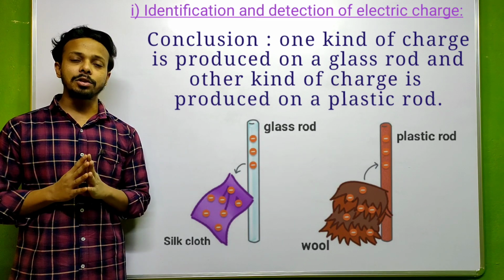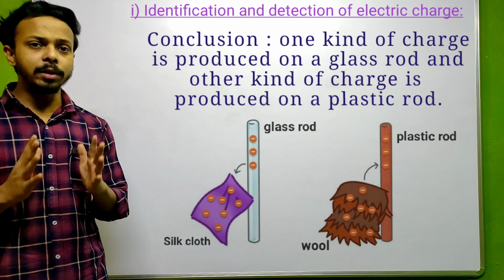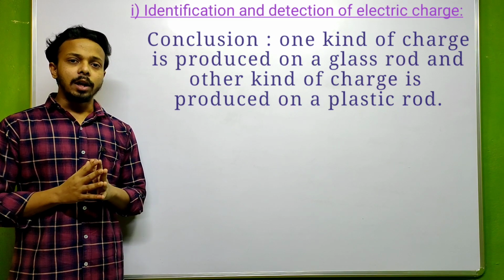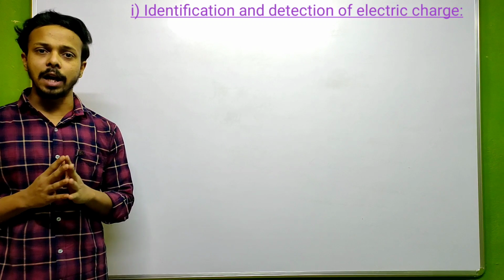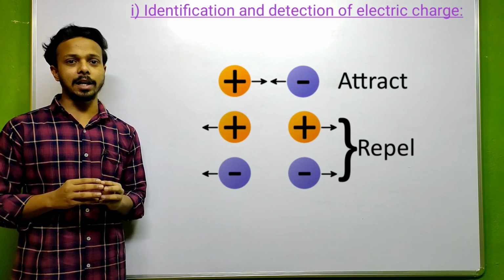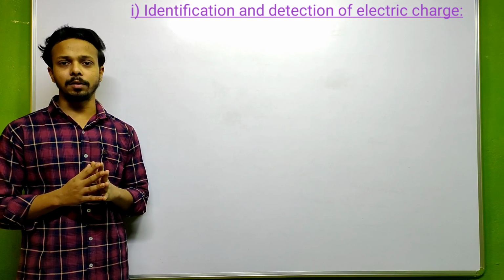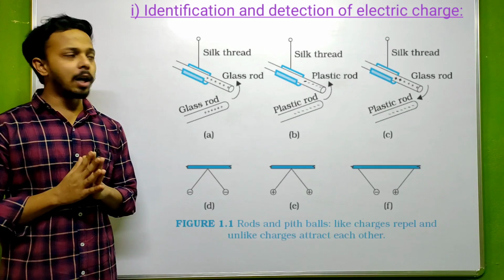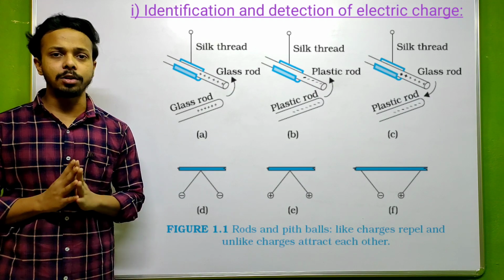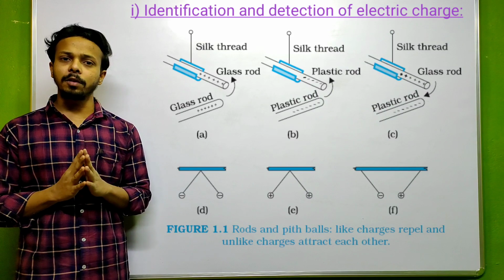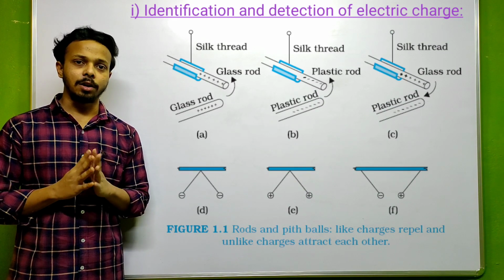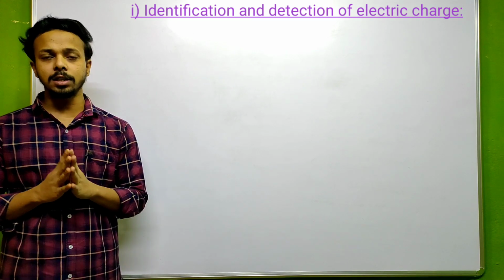It is also observed that like charges repel each other and unlike charges attract each other, as we know from the properties of charges. So from these activities we can show that there are two kinds of charges, and we already discussed the properties of charges earlier.